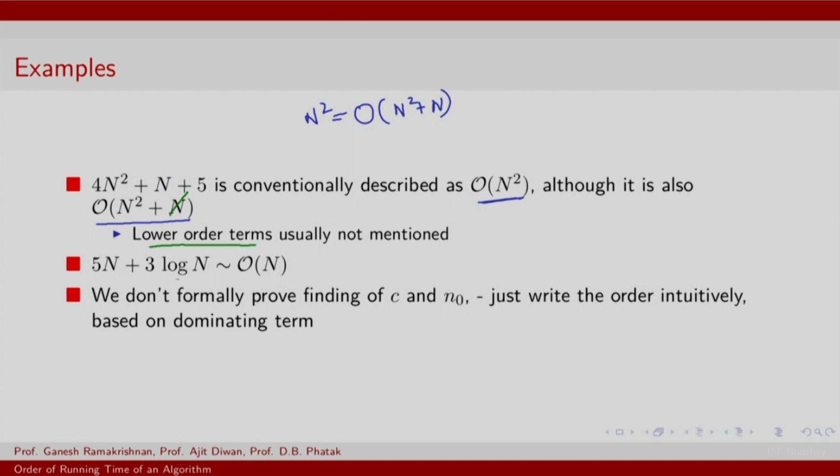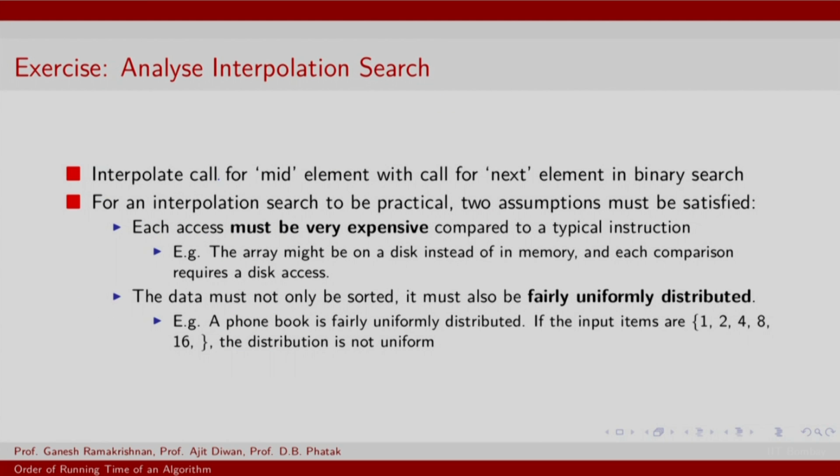Thus 5n plus 3 log n is order n, because log n is also order n. We do not formally prove by finding c and n naught, that is the general convention. You just write the order intuitively based on the dominating term. And I will again point out that for this particular example 4n square was the dominating term, or 5n was the dominating term.